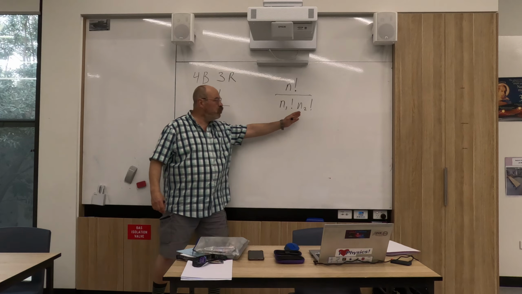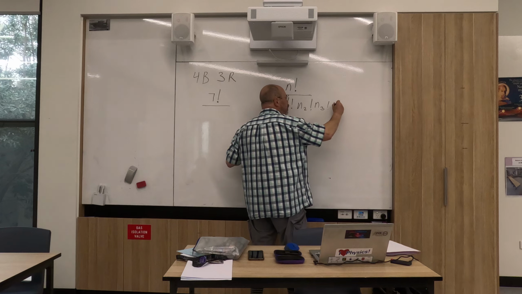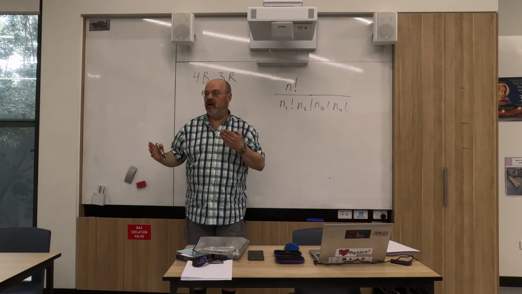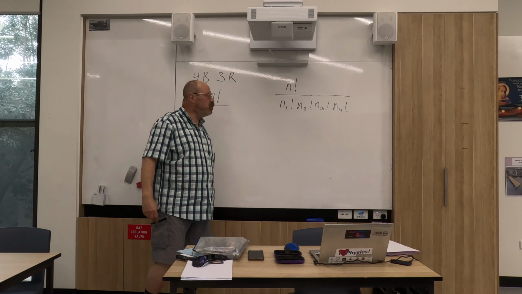If there are more groups, then we also divide by n3 factorial, n4 factorial, and so on, because swapping places within each group doesn't change anything.